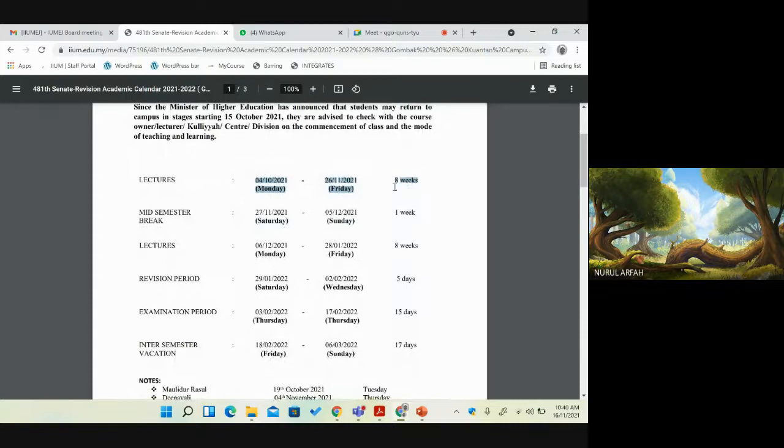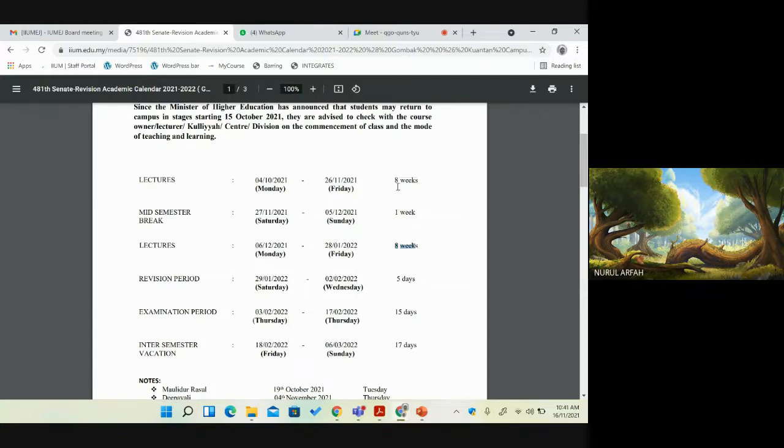Dia start on the 4th of October. And then dia just sampai 8 ke sini. And then this one exclude, a break is a break. And then the remaining is here. So the balance yang awak dapat tu after 14 weeks, 16 minus 14, is actually your revision week. So we actually want to give you ample time untuk do revision. So the classes will be exactly 14 weeks.